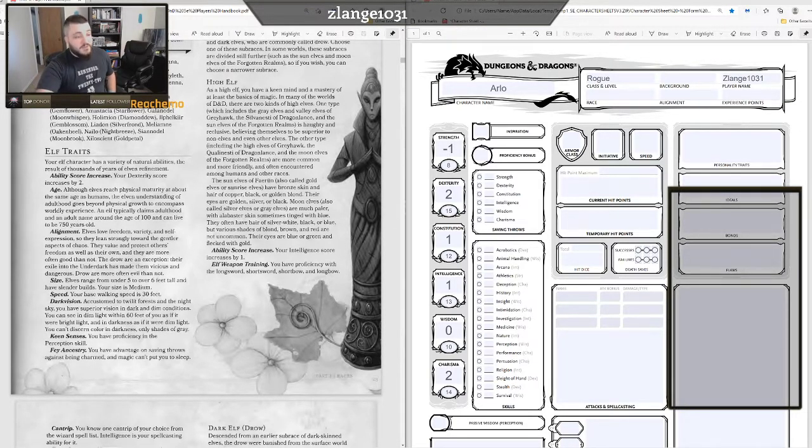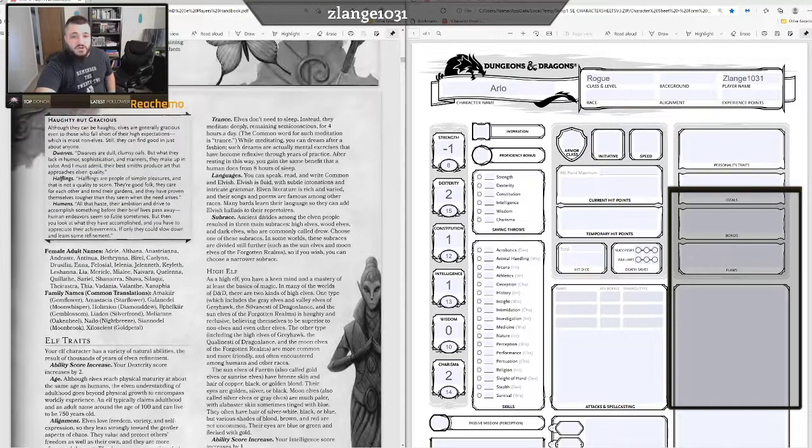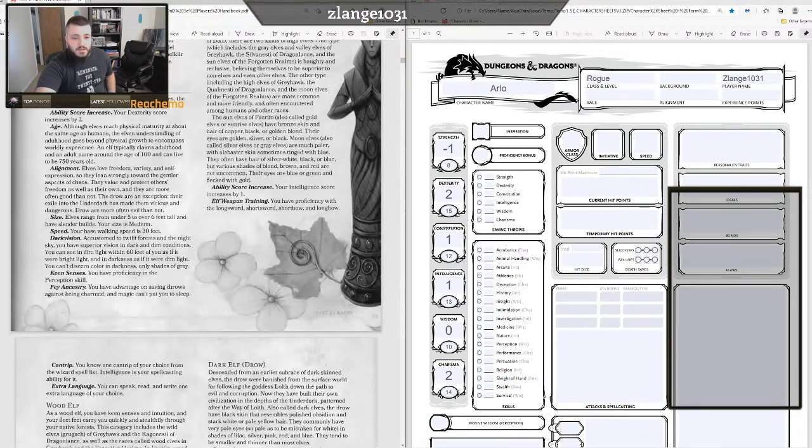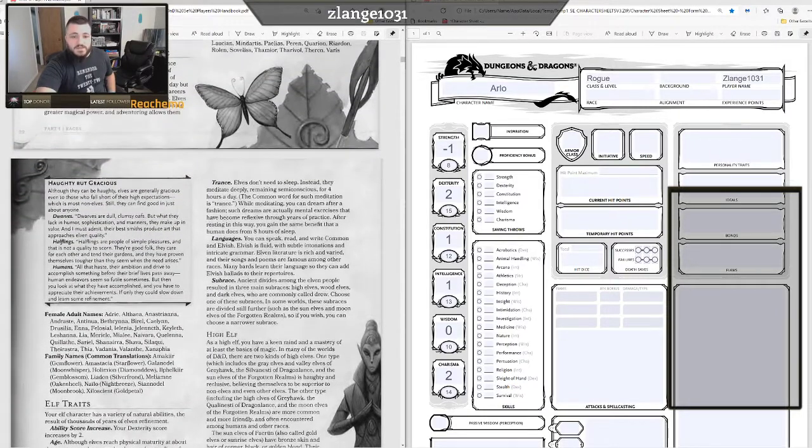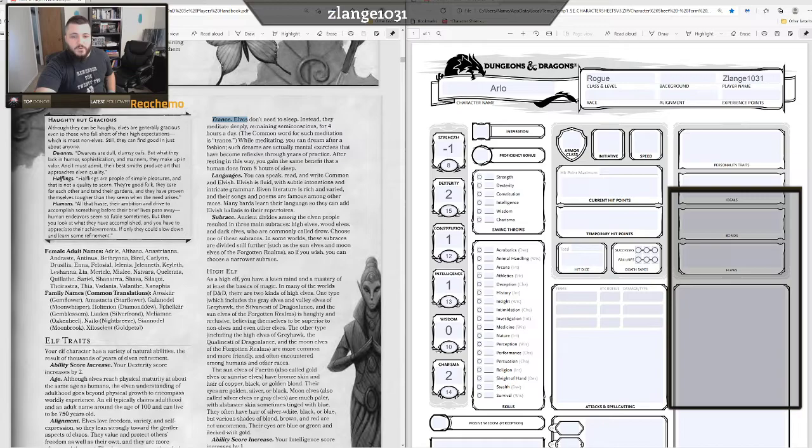That's a free proficiency, which just means you get your proficiency modifier added whenever you make a perception skill check. Great. Fey ancestry, saving throws against being charmed, and you can't be put to sleep. That's because of trance. Elves don't sleep. They meditate for 4 hours instead of sleeping for 8.